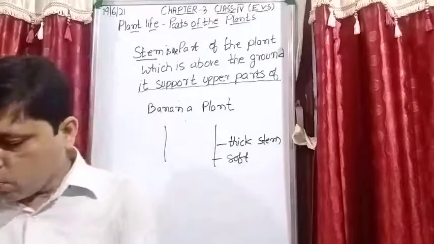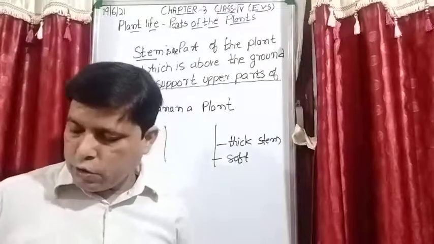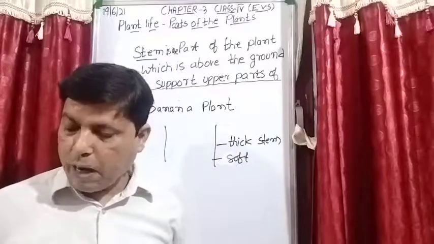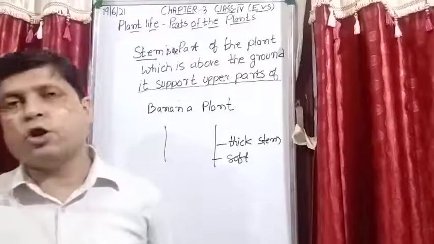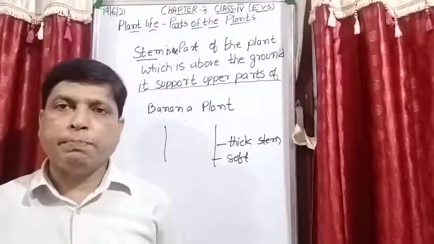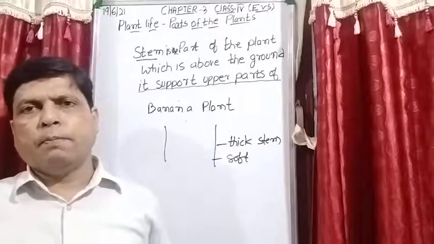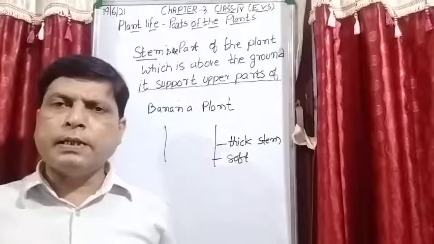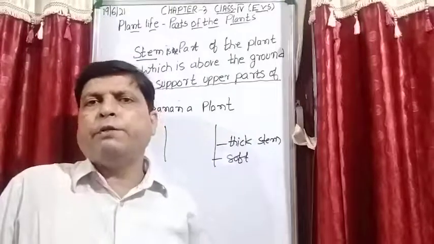Okay. Now students, in your book it is given about one plant. I have explained to you all 5 classifications, herb, shrubs, climbers, creeper, tree, but in your book it is given only about what climbers are. These are the plants with a very weak stem.